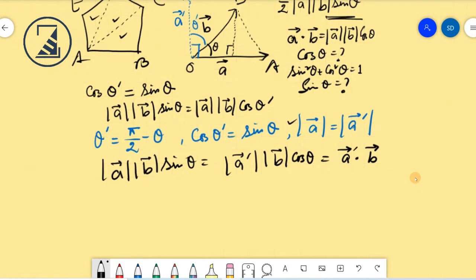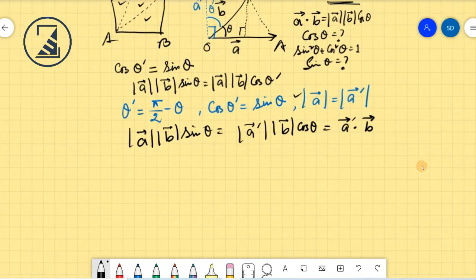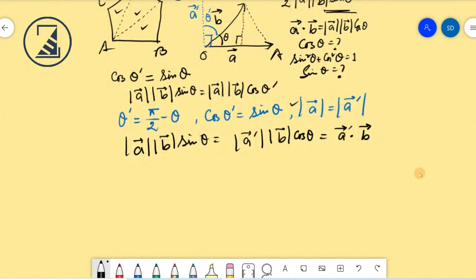So first, let's learn how to construct a vector 90 degrees rotated from a given vector. Say I have two vectors, a vector and b vector. A vector is a1 i cap plus a2 j cap. So here we are sticking to the two-dimensional plane. We will not talk about three-dimensional right now.